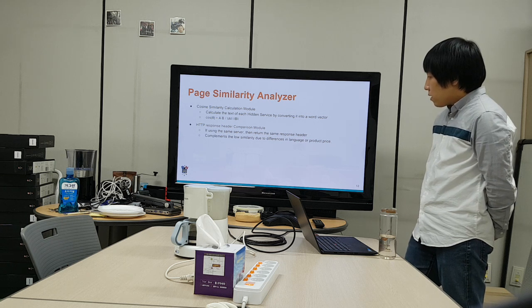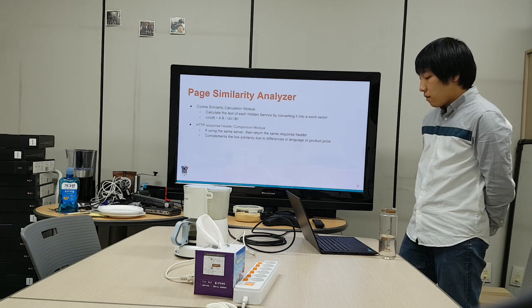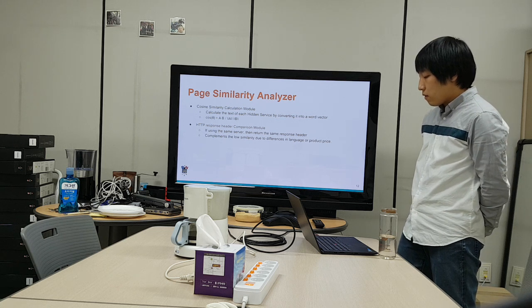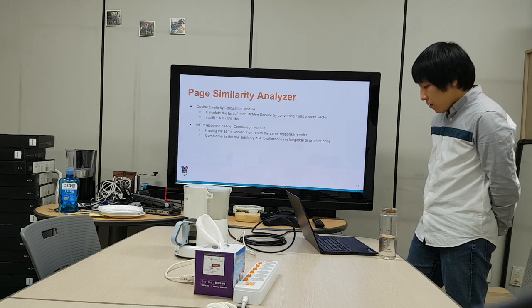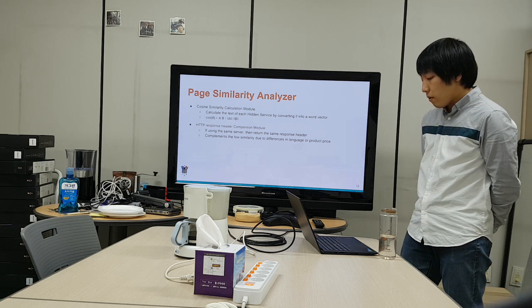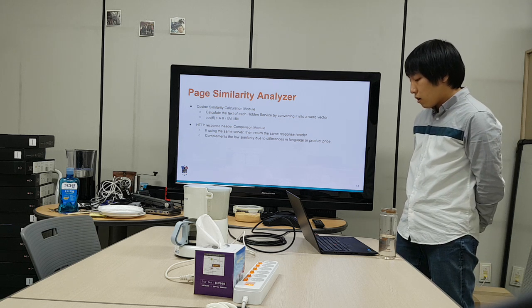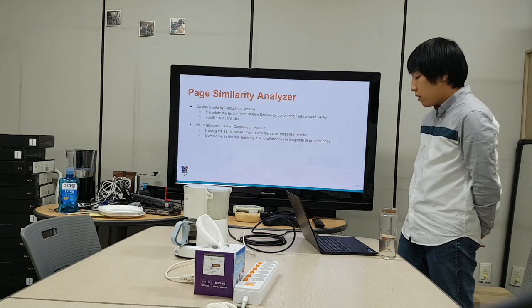If both hidden services use the same server, it is assumed they return the same response header. This module complements low cosine similarity due to multilingual service and product price differences.